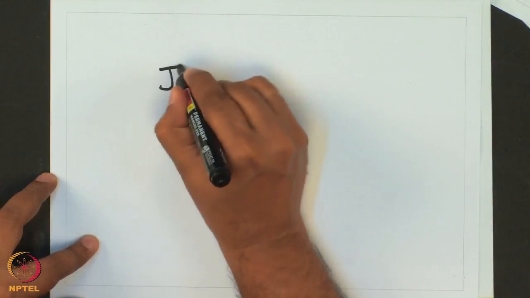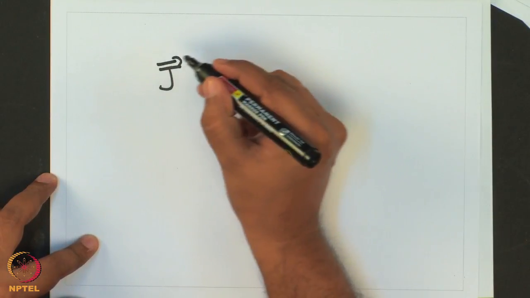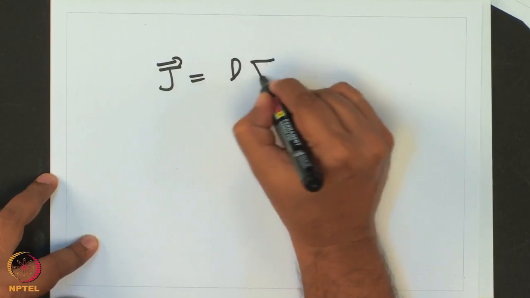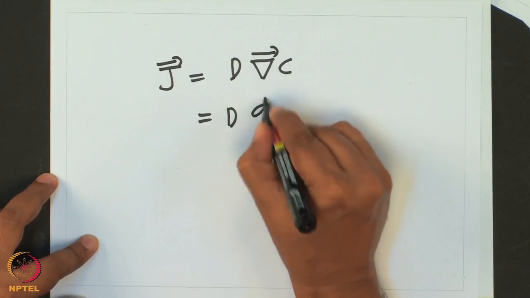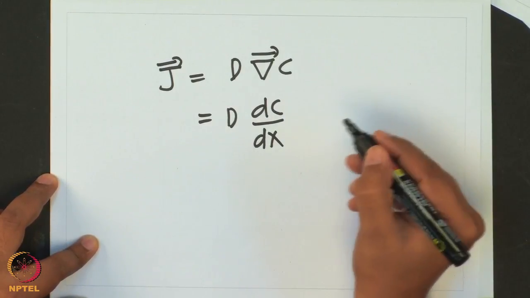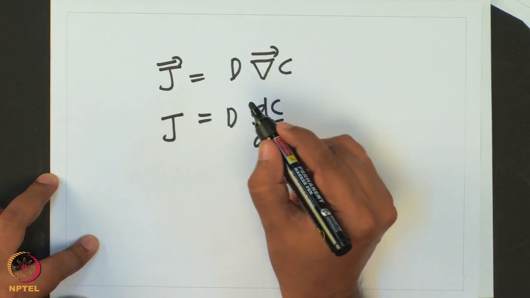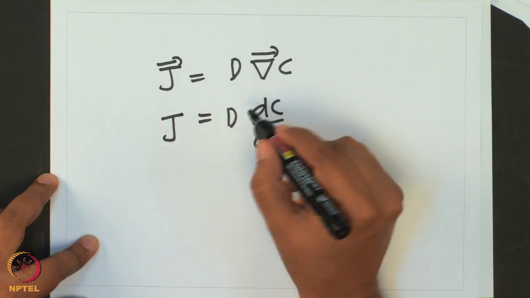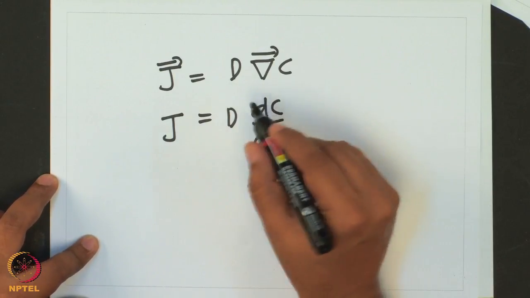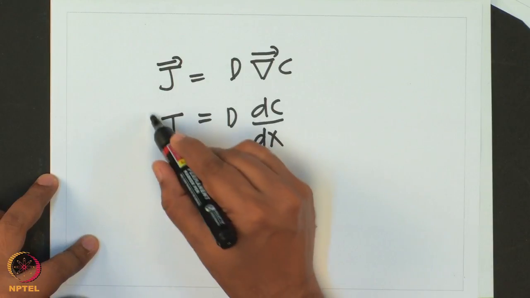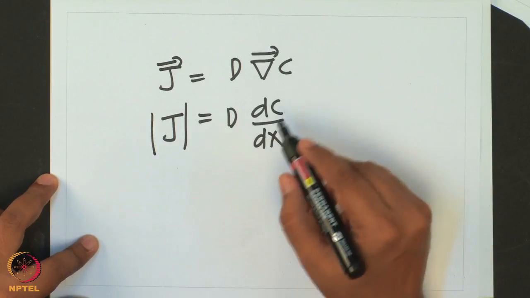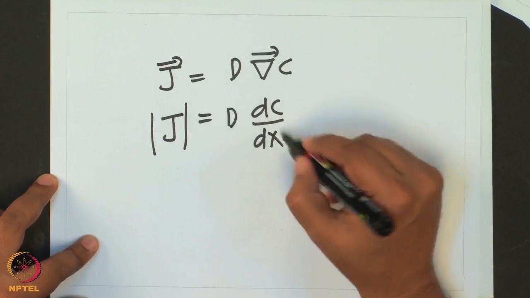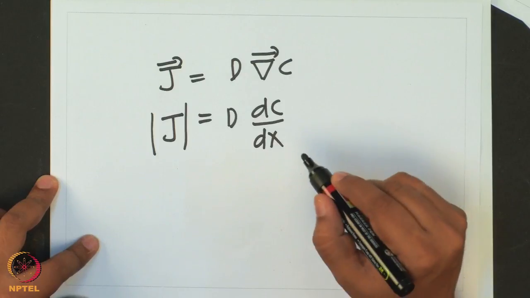What we know is that J is minus D del c, which would mean minus D dc by dx. So the magnitude of J is D dc by dx. There will be an x cap if I want to put a direction, but this is the magnitude.